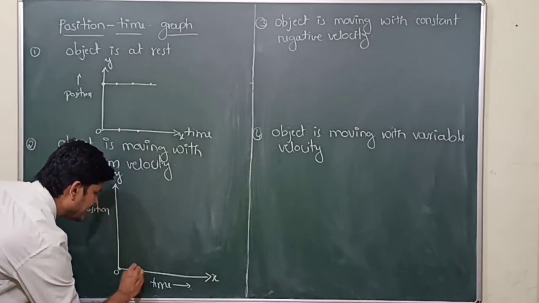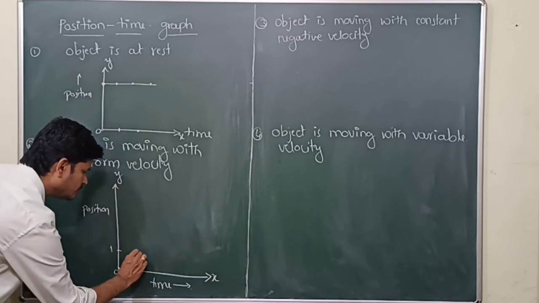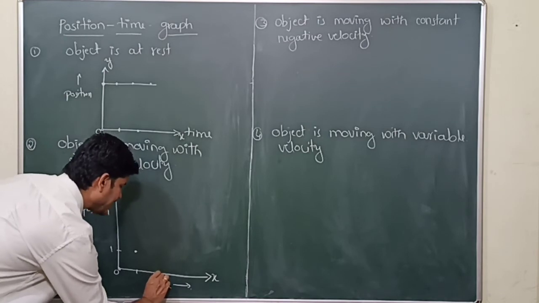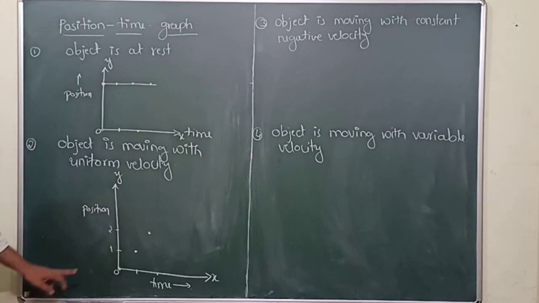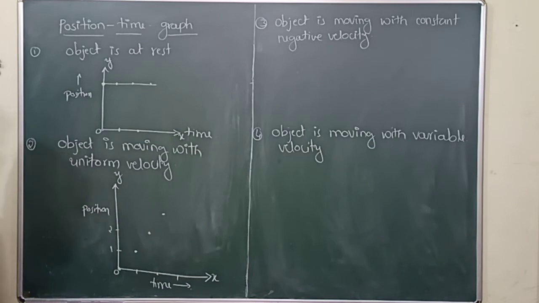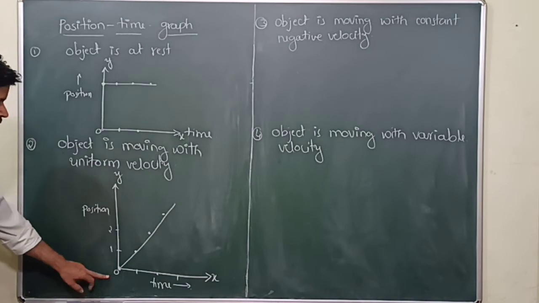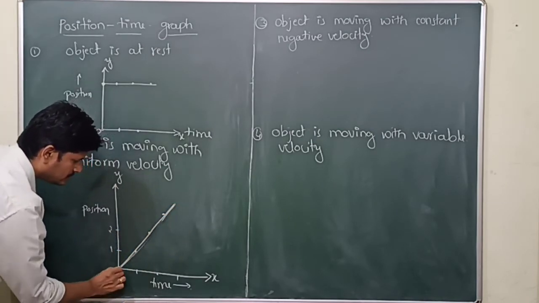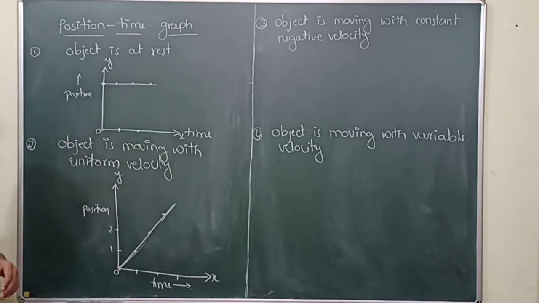After 1 second, it travels 1 meter, so the object position is here at 1 second. After another 1 second, it covers 2 meters. After 3 seconds, the object is here. Therefore, from the origin we get a straight line, which originates from the origin.